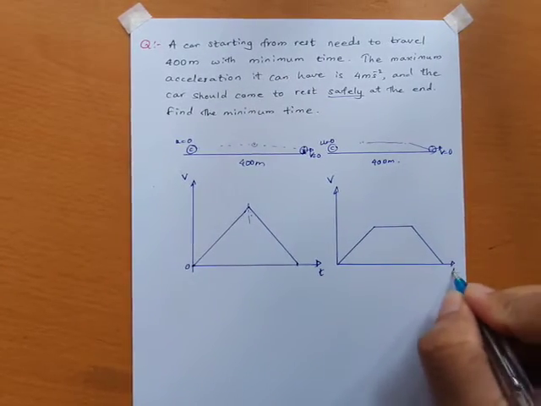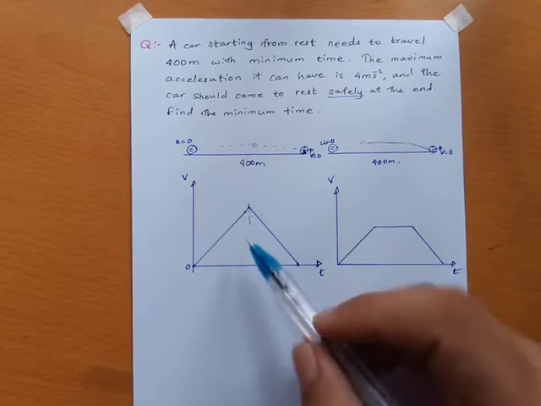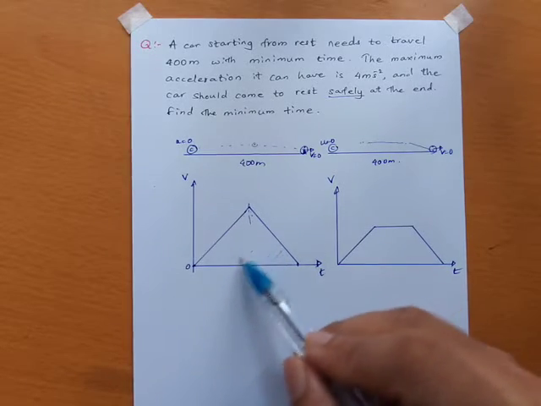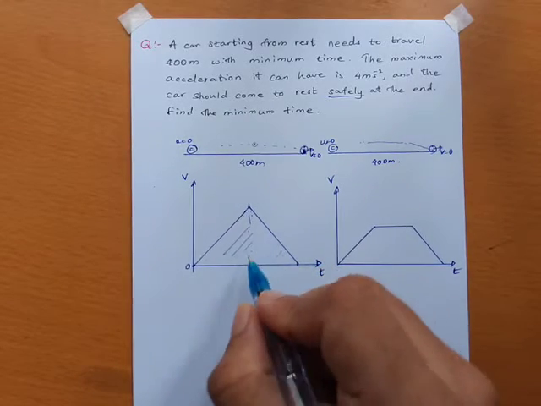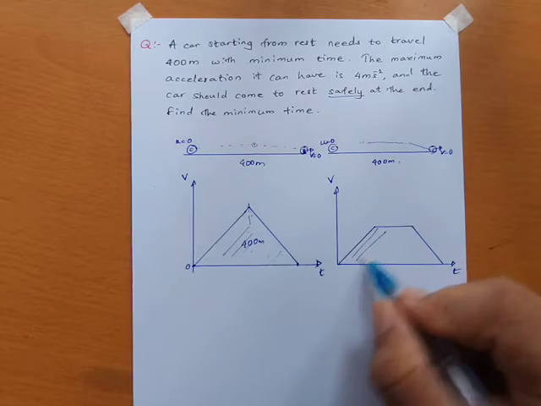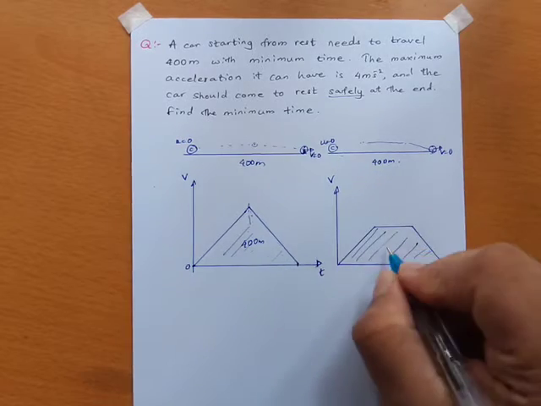This is the time axis. We know in a VT graph the area under the curve gives the displacement of the object, so this area has to be 400 meters, and similarly this area has to be 400 meters, because in both cases they complete the same displacement.